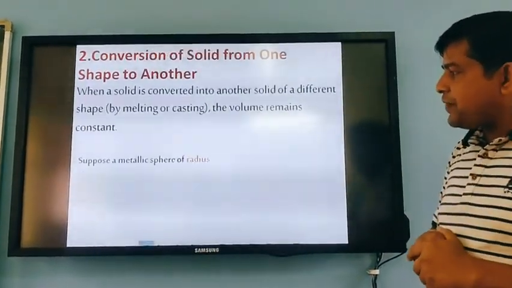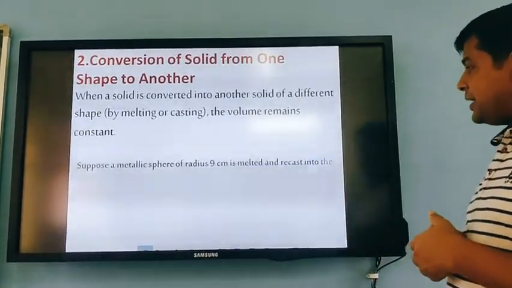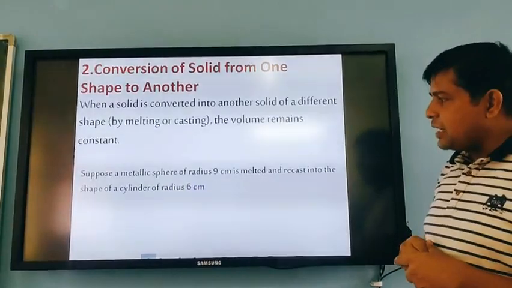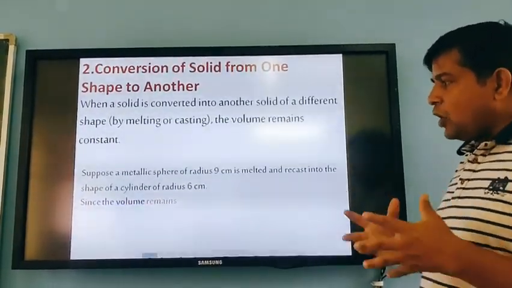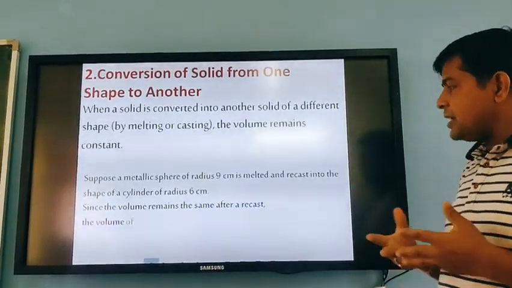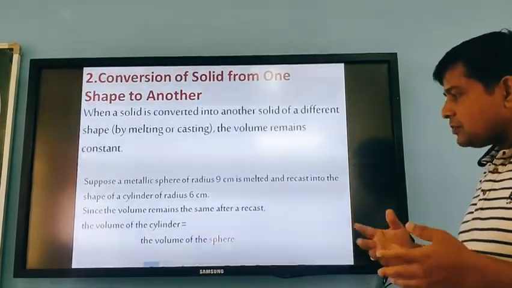Suppose a metallic sphere of radius 9 centimeter is melted and recast into the shape of a cylinder of radius 6 centimeter. Since the volume remains the same after recasting, the volume of cylinder equals the volume of sphere.